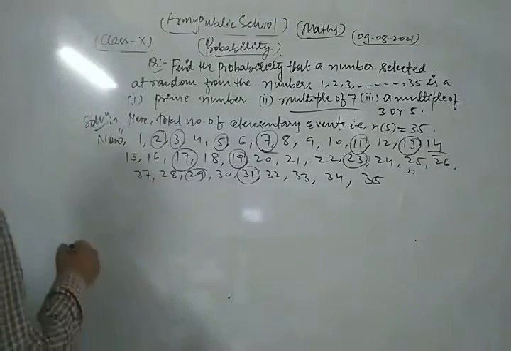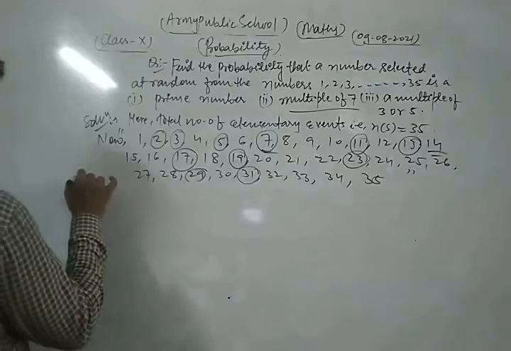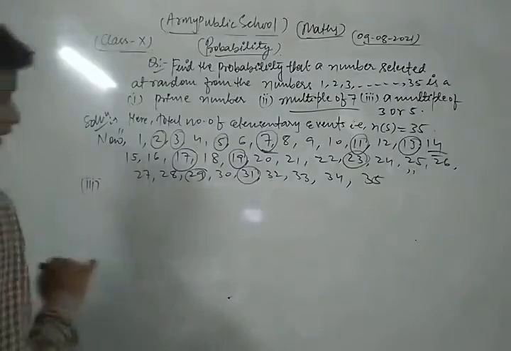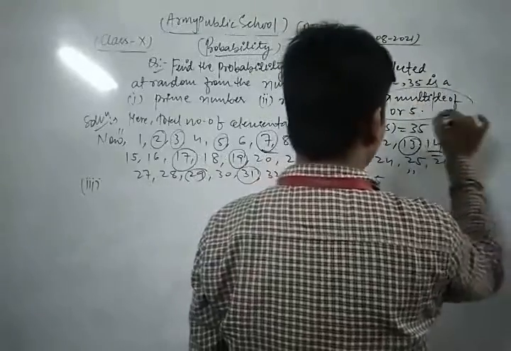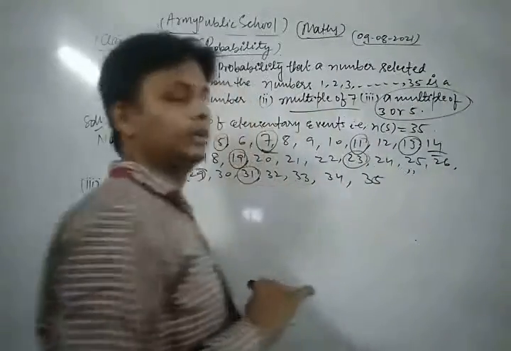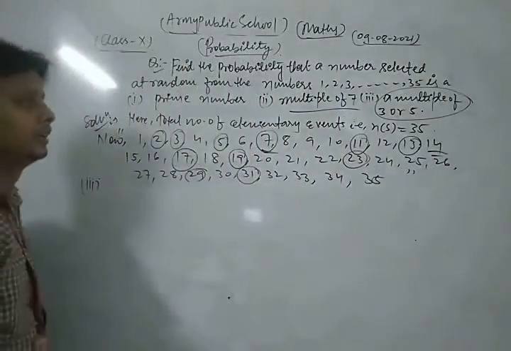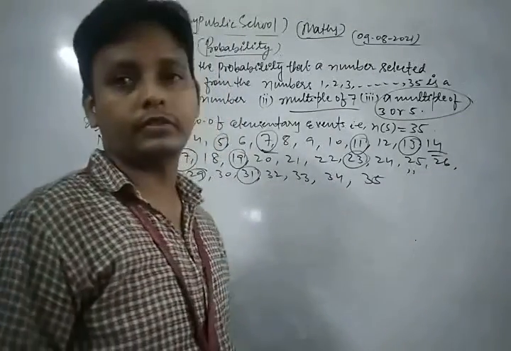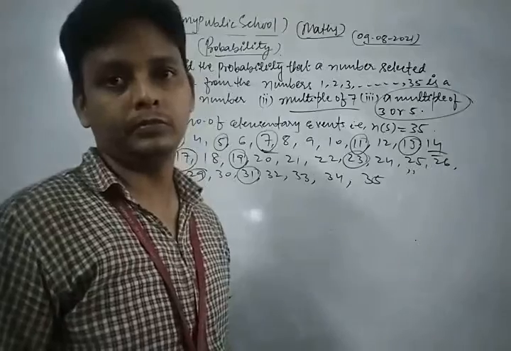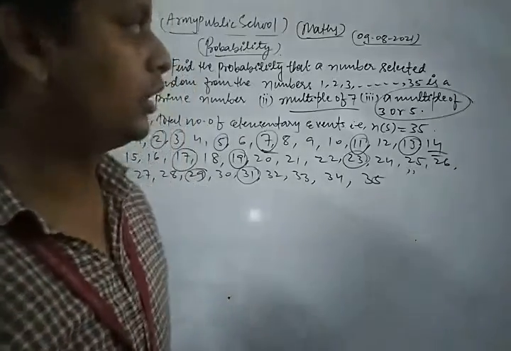Now we will take and solve the third part of this question. Dear student, the third part is we find the probability of getting a number which is a multiple of 3 or 5. Okay, now look.